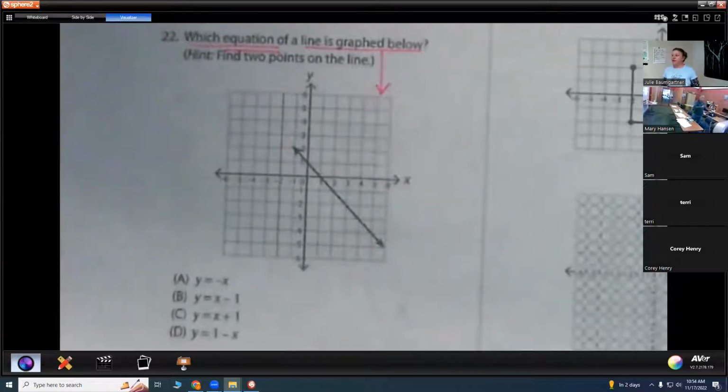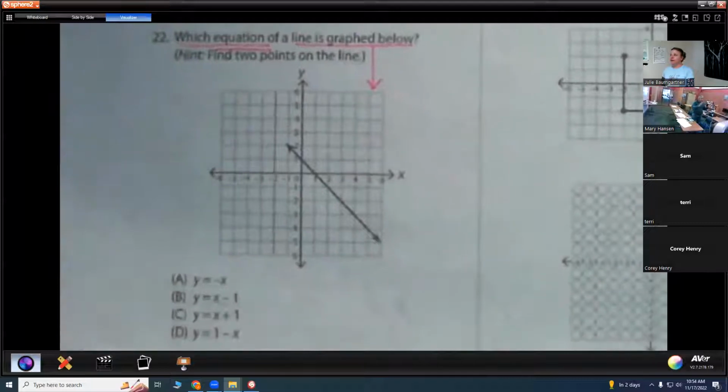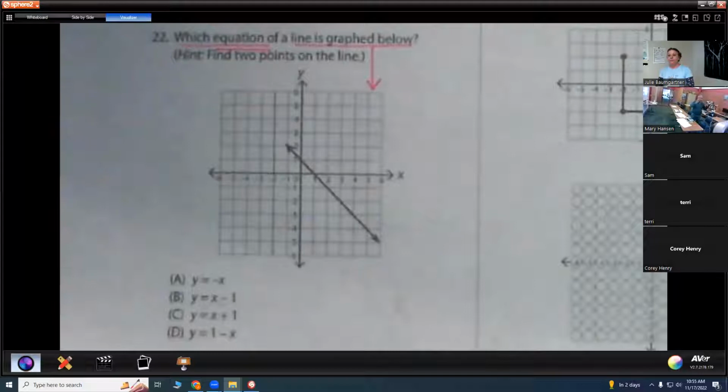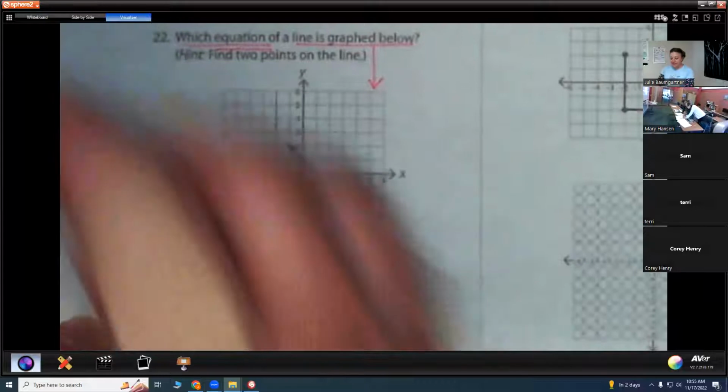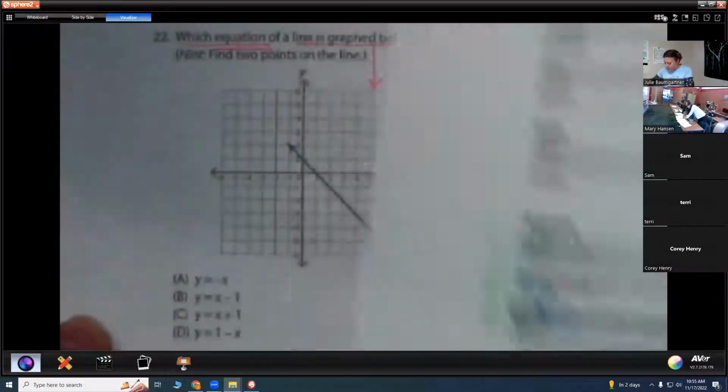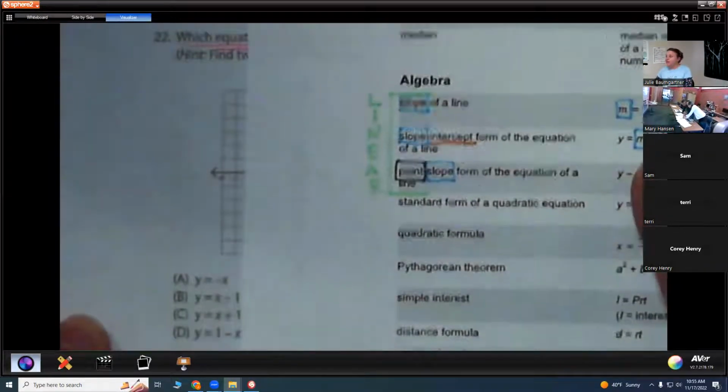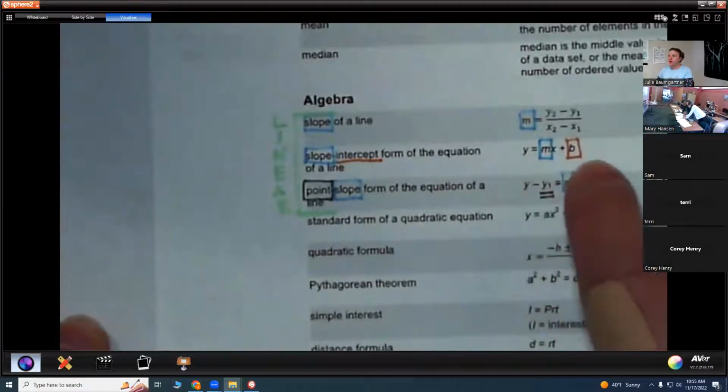Do you guys want to try this one on your own now that we've talked a little bit, or want to think about it a little bit? We'll use the same equations of both. Well, actually, if we look at this, I think this is actually our other form. This is our slope-intercept form.